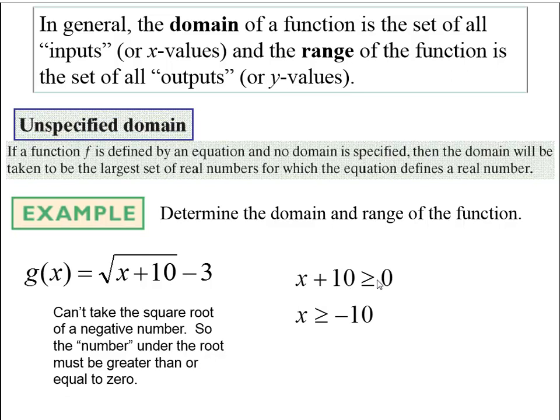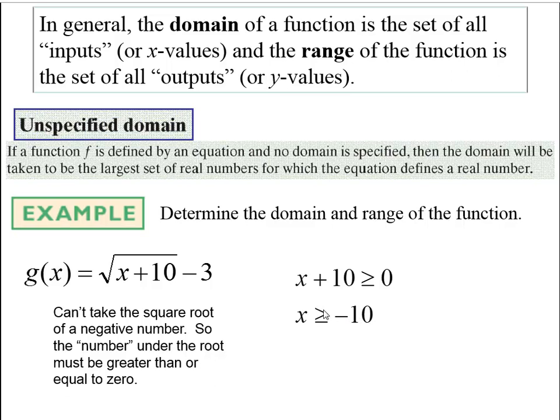The only x's in the domain have to give positive values under the root, so x plus 10 has to be 0 or positive. So I'm just going to solve this inequality. I'm going to subtract 10 from both sides, and then I have x is greater than or equal to -10, and that is my domain.